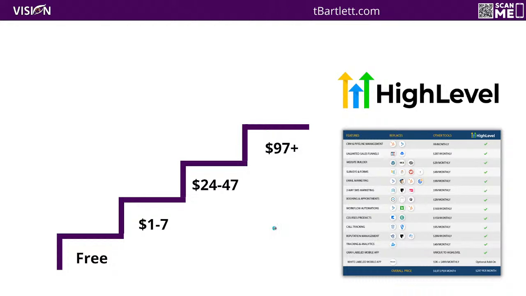Plus, the chances are any business owner who's using any of these tools and they opt in for a free account, they are obviously interested in doing some type of marketing. Maybe they're an agency owner, maybe just an affiliate marketer or a network marketer, or maybe they have a local business. Whatever it is, they're telling you by opting into this free software that they are interested in using software for some reason. Okay, so the chances are they're going to need and utilize HighLevel. So it's an obvious upgrade.